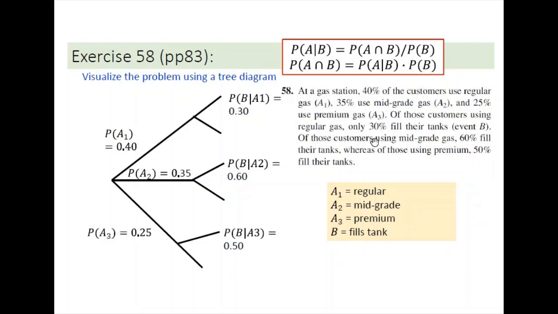Again, of those customers using mid-grade gas, 60% fill their tanks. So the probability of filling tanks if customer uses mid-grade gas is 60%. It's a conditional probability.